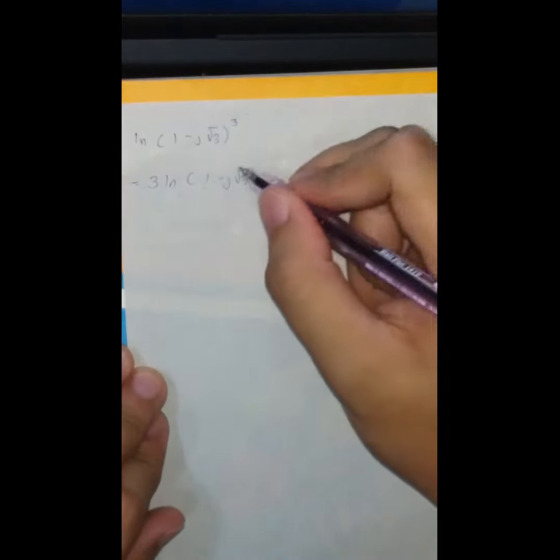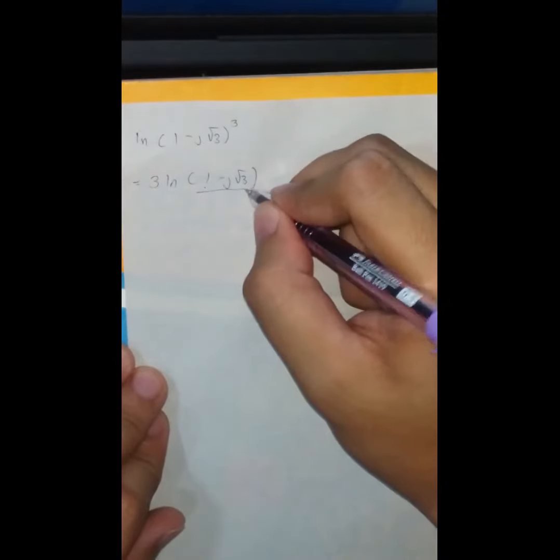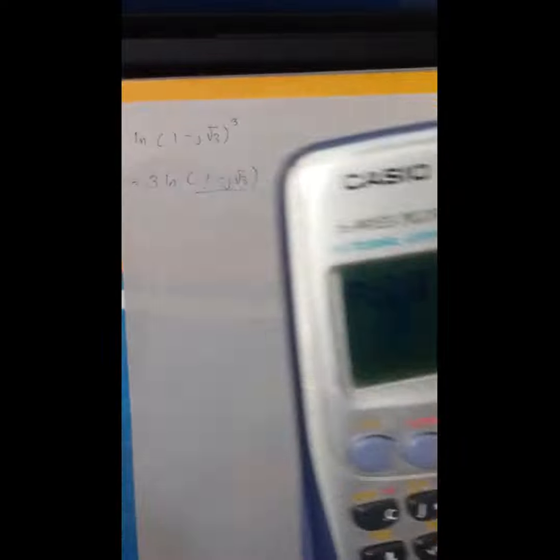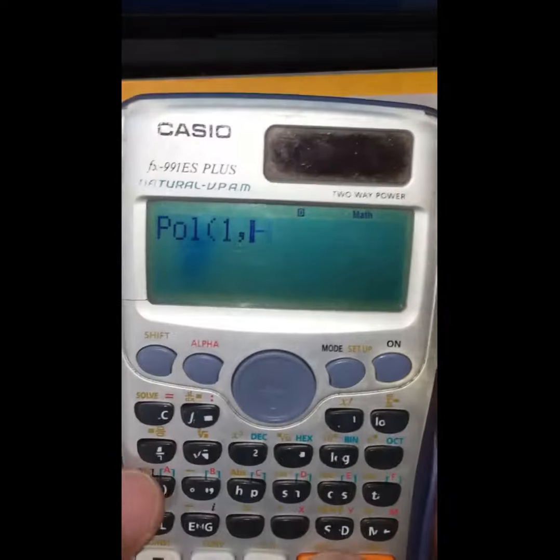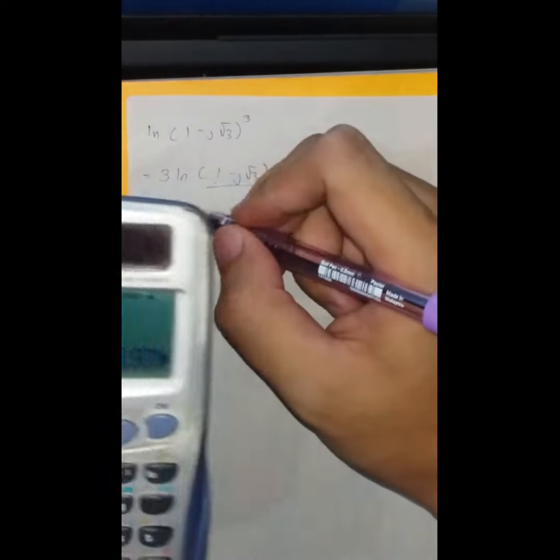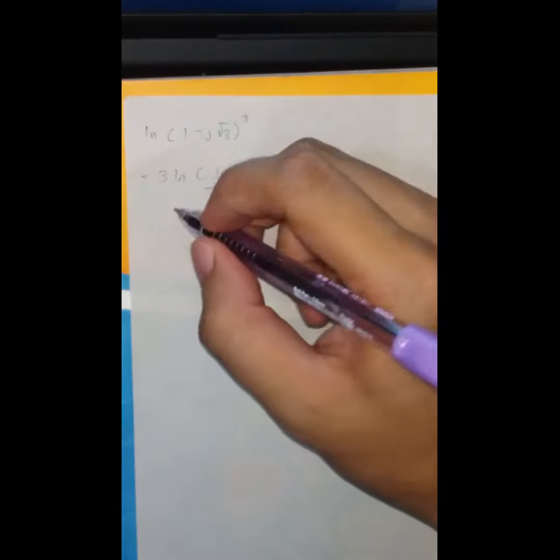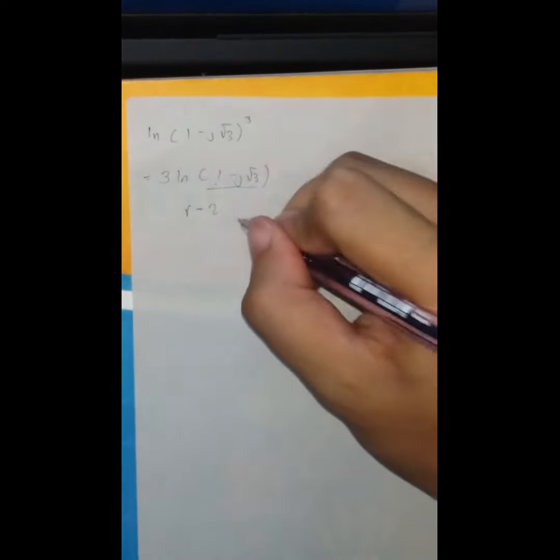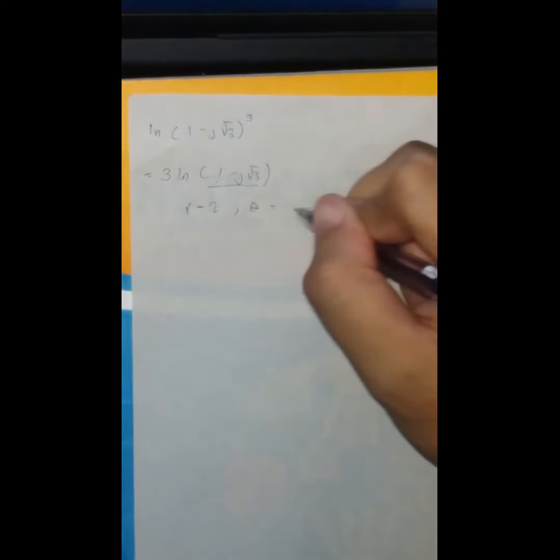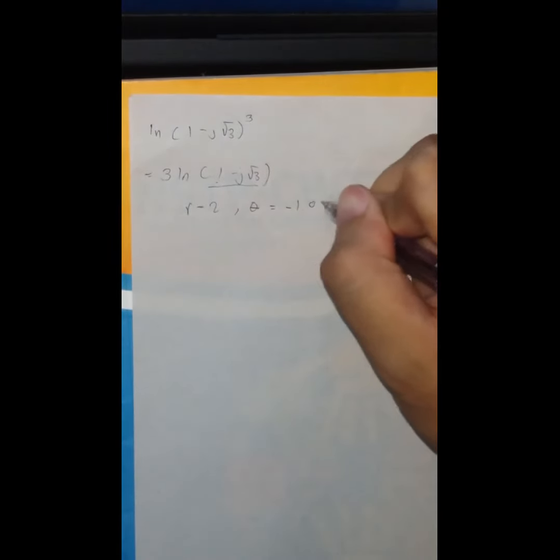Next, we convert 1 minus j square root of 3 into polar. So using the calculator, we have 1 and negative square root of 3. As you can see, we get r is equal to 2 and our angle is negative 1.05.